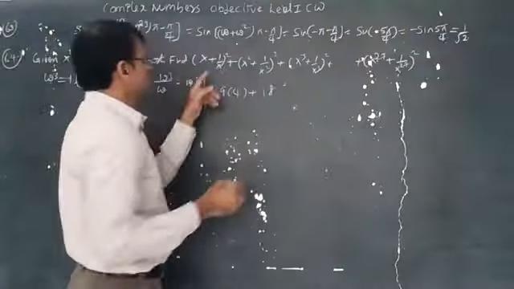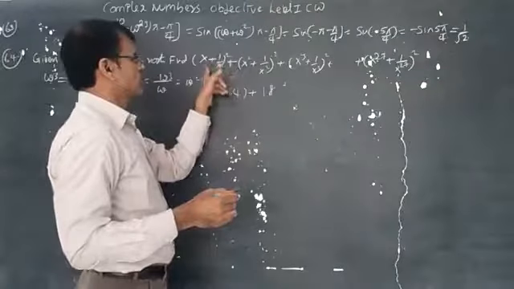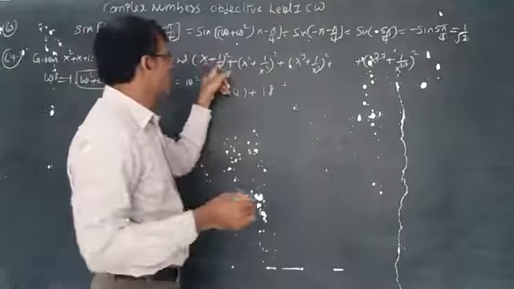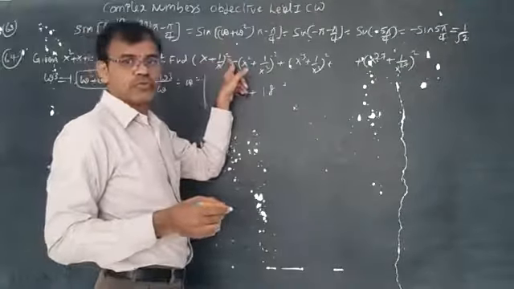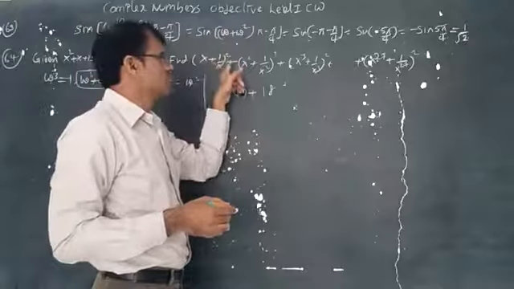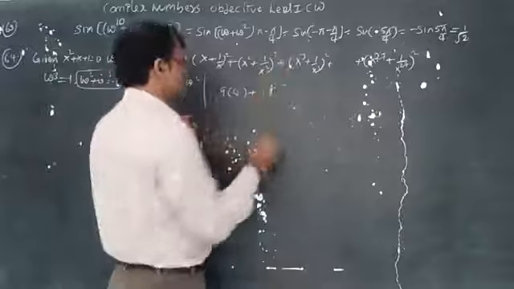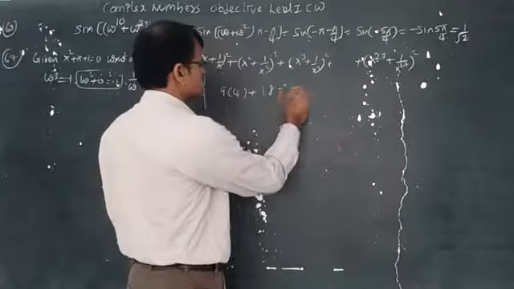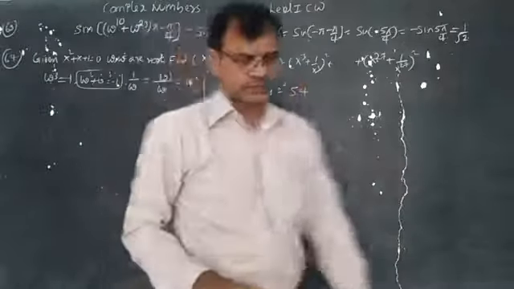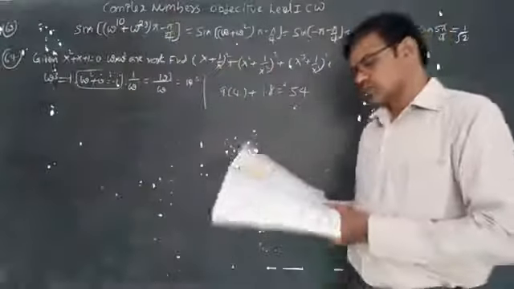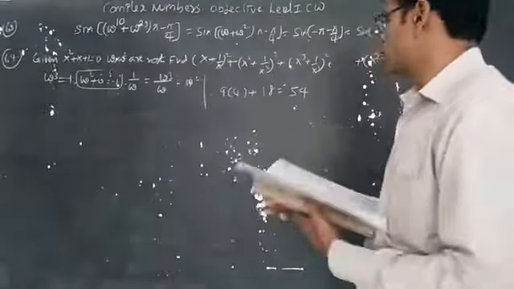Because here x plus 1 by x means omega plus omega square, whole square. Omega plus omega square means minus 1, and minus 1 whole square is 1. Like that 18 terms will be there. So 9 into 4 is 36, and 36 plus 18 is equal to 54. 54 is the fourth option.